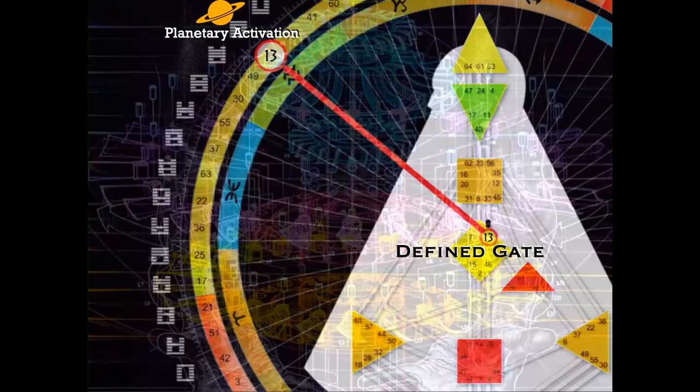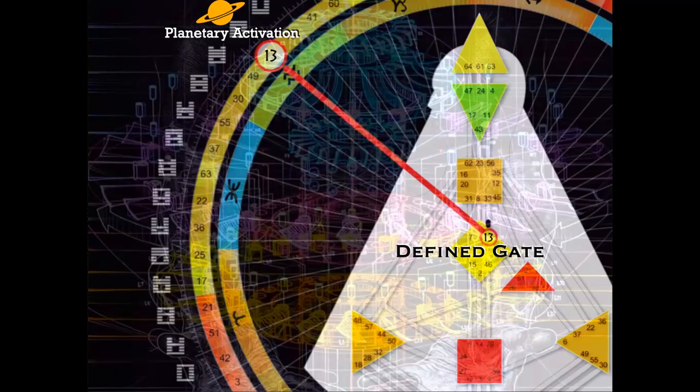Well, very similar in human design. A planet falls at a certain location in the chart, and now it's not just sitting there in Aquarius, but it's now activating the 13th hexagram, which corresponds to that 13th gate in the chart.